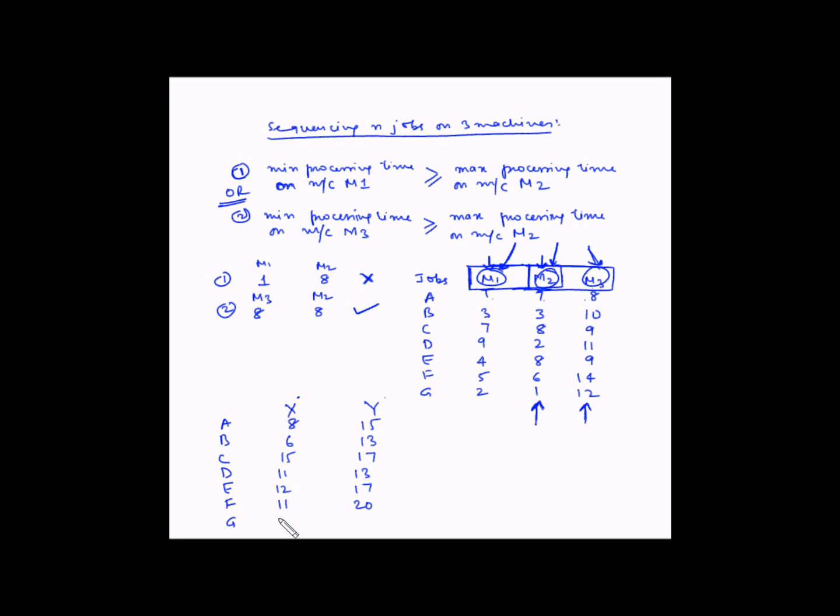And for G, 2 plus 1, 3 and 1 plus 12, 13. So basically what we have done here is that we have converted the problem of sequencing n jobs on 3 machines into a problem of sequencing n jobs on 2 machines. And then let's look at how to solve this to get the overall minimized processing time.